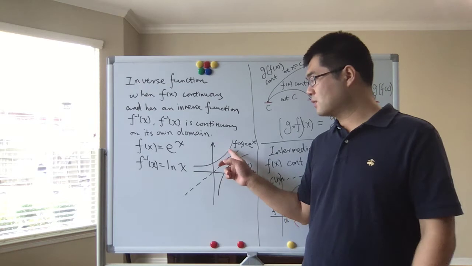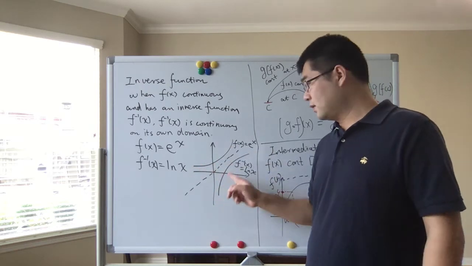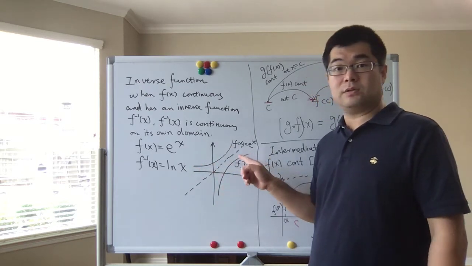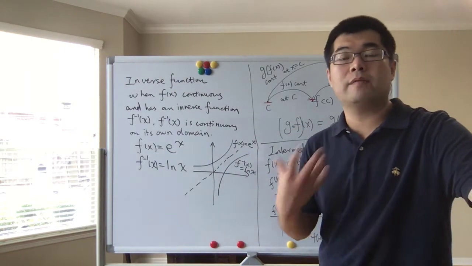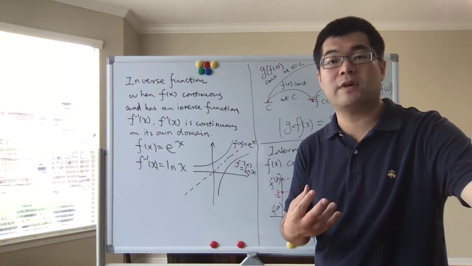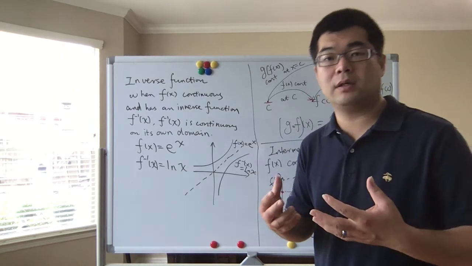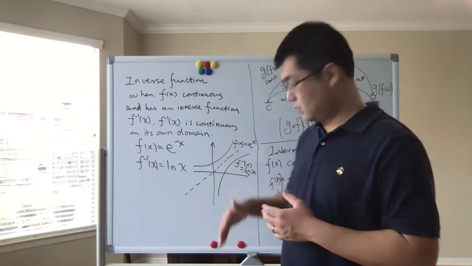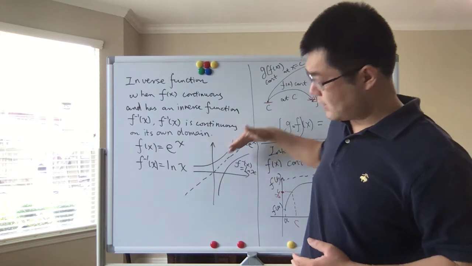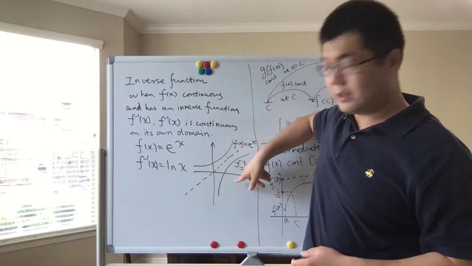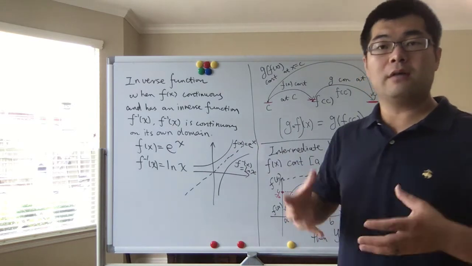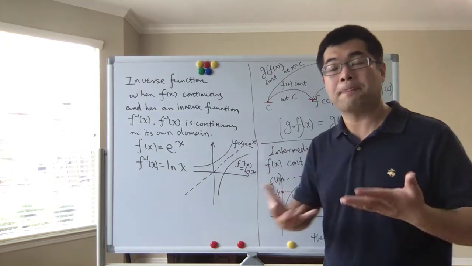As you can see, the exponential is continuous. The natural logarithm is also continuous, right? And also, do you still remember that one of the properties of the inverse function is that the graph is symmetric with respect to y equals x, right? So you can think of y equals x as a mirror. So you flip, you're gonna get this, okay? So the inverse function is continuous, okay?